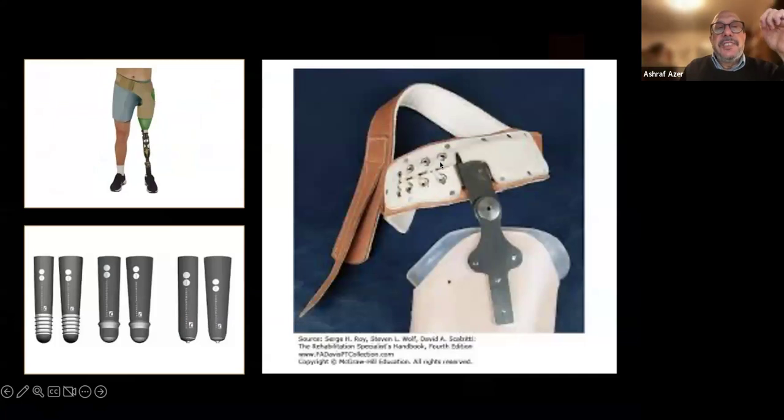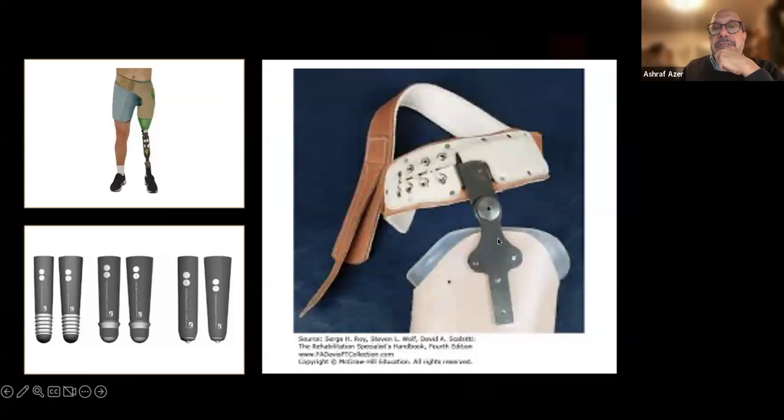So you have ischial containing, ischial bearing, interface, either a liner or a sock, and a suspension, whether it is a free suspension, meaning without belt, or a hard belt or a soft belt. Why do we use a hard belt?